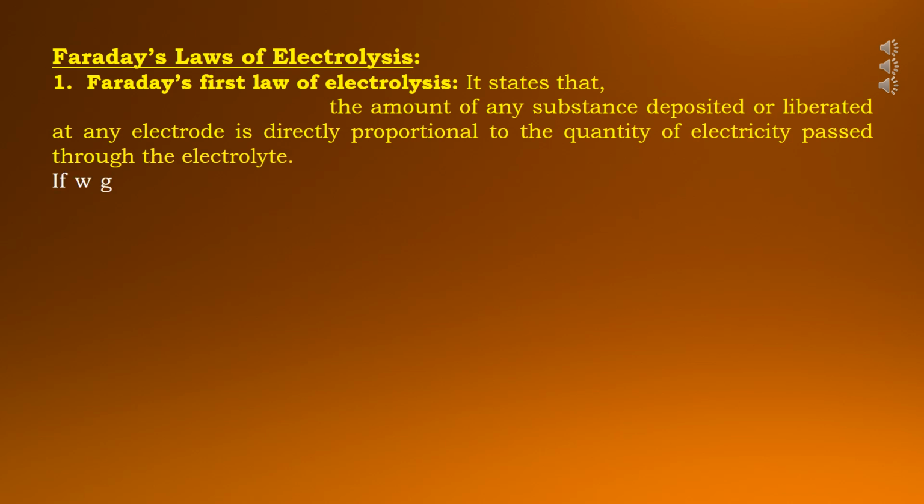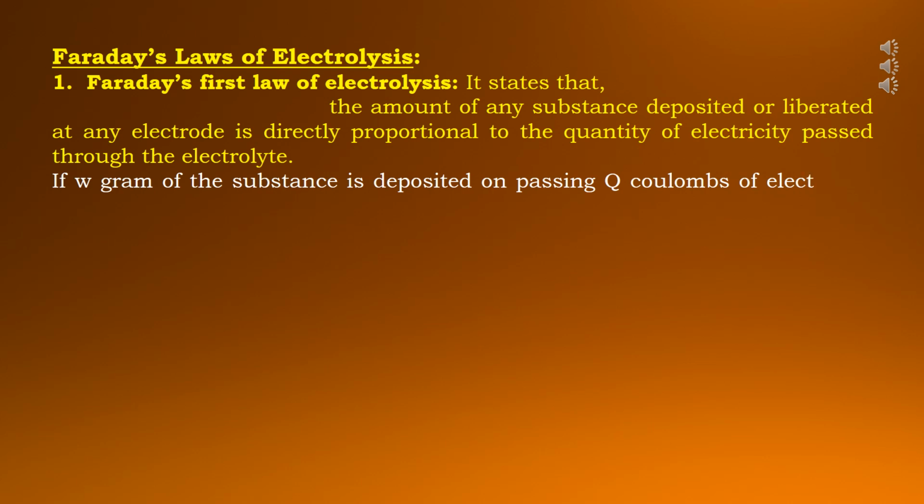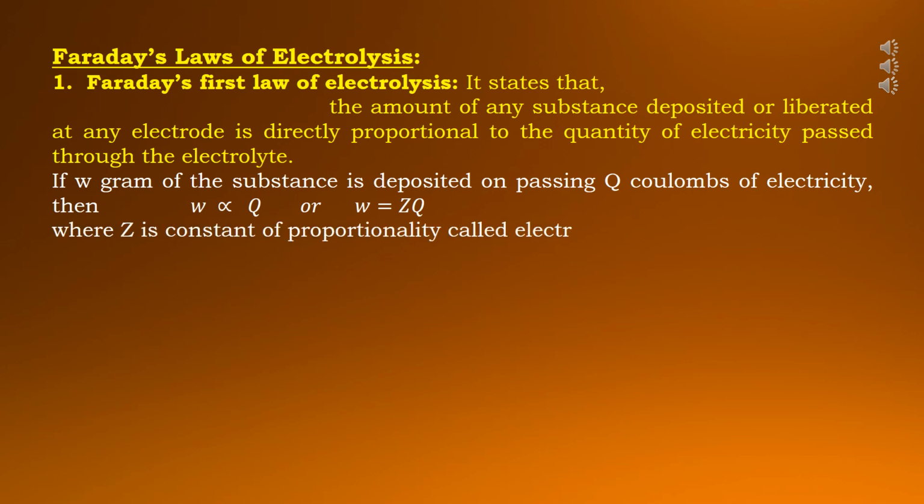So if small w gram of the substance is deposited on passing Q coulombs of electricity, then according to Faraday's first law of electrolysis, W is directly proportional to Q, or W is equal to Z into Q, where Z is the constant of proportionality called as electrochemical equivalent.